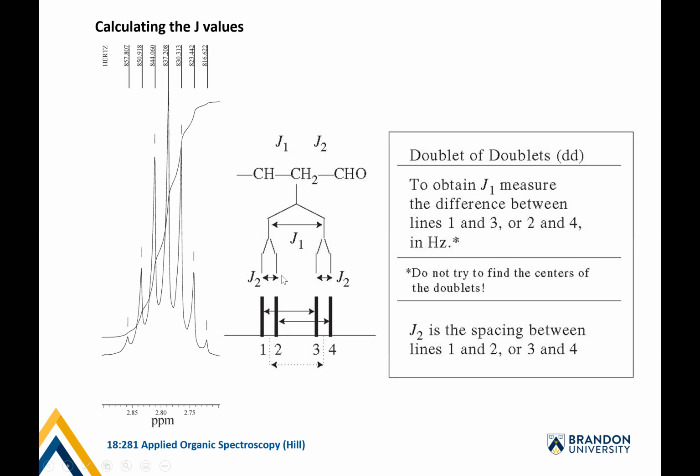So the first one you can measure, this large coupling constant J1, you can either do it between here and here, or it's the same as going between there and there. And the smaller coupling constant is the edges. They're going to be equivalent. And when you do the calculation for coupling constants, one might be 7.2 and the other one might be 7.3. It's really 7.25, and if you round up, it's 7.3. So just keep that in mind.